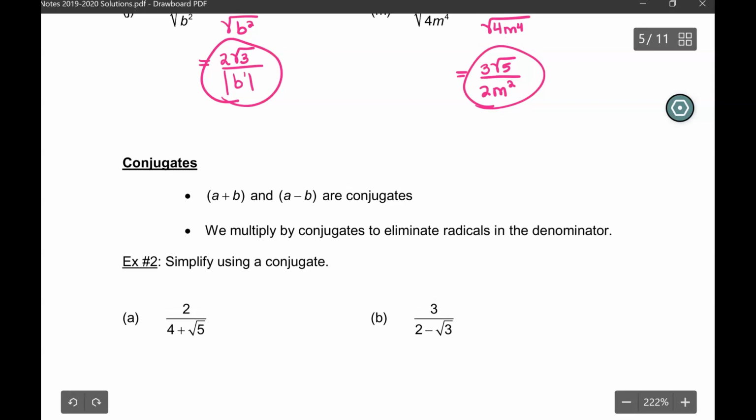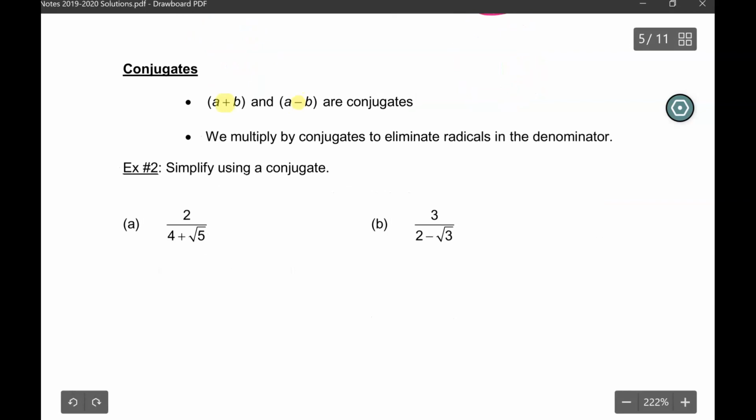Okay, the last part of this lesson is on what we call conjugates. All right, we multiply by conjugates to eliminate radicals in the denominator. And basically conjugates are just the middle sign is opposite. So if one is a plus, then the conjugate would be a minus. If one is a minus, the positive would be the conjugate.